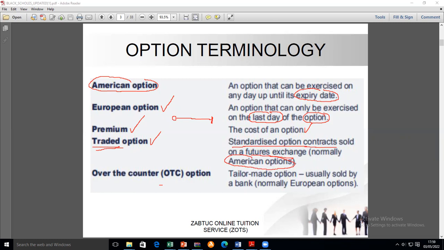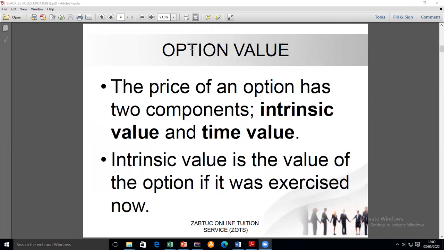Yesterday we did discuss the over-the-counter option. These are tailor-made options, usually sold by the banks. Let's move to the next point.